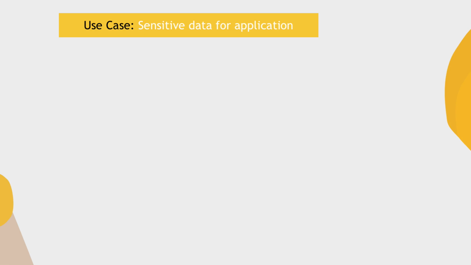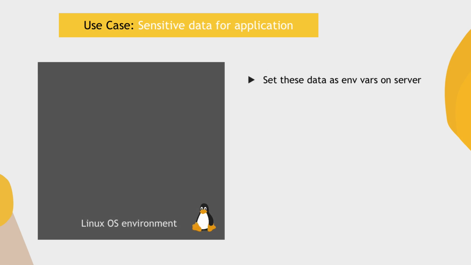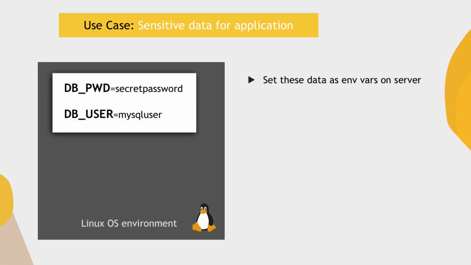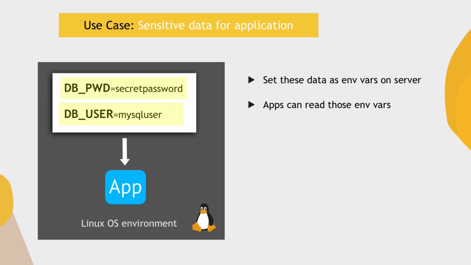And one very common way to do this is by setting such data as environment variables so that application can then read the values of those environment variables. How does it work? We basically create environment variables like database underscore username or database underscore password. And again, that's a standard naming convention for environment variables, all caps and underscore for separating the words.